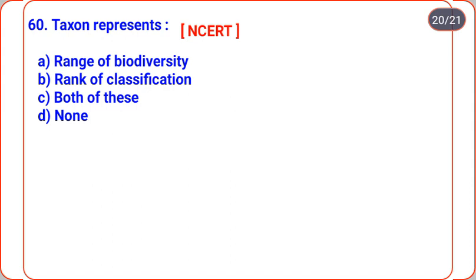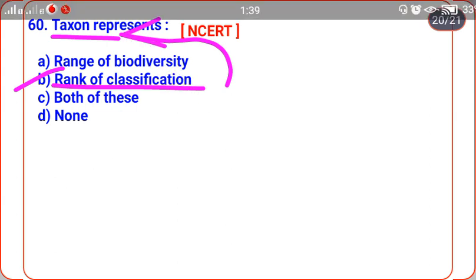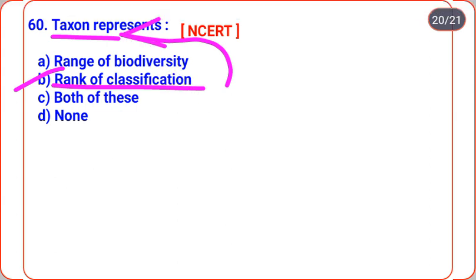So here our correct option will be B, rank of classification. Taxon means rank of classification.